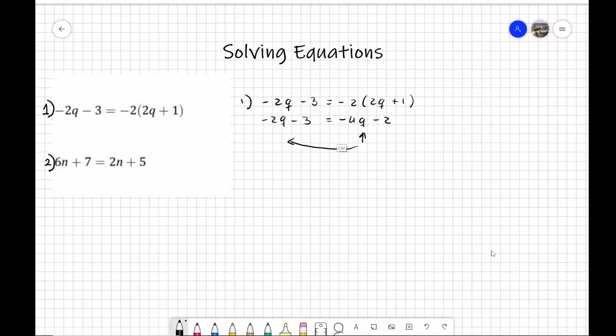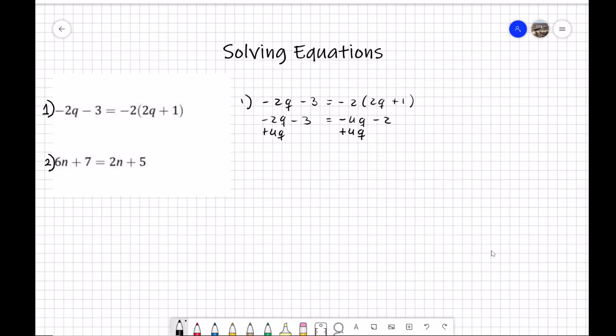Right? And when I say move, I mean canceling out that term, because moving is the same thing as canceling out that term. So in order to cancel out that term, we use the opposite operation, which is an addition, right? And we have to do it on both sides.